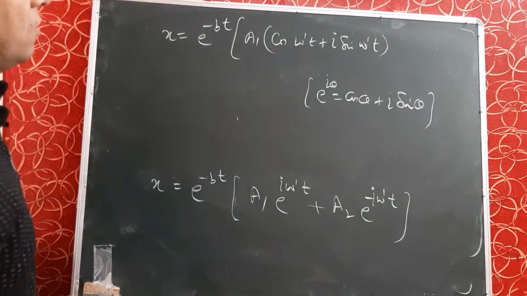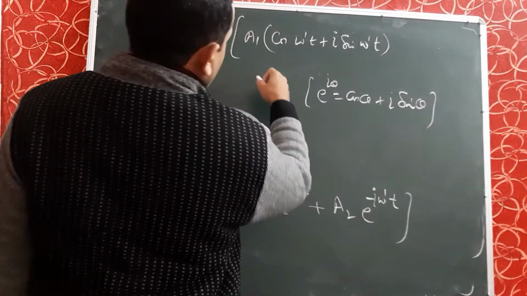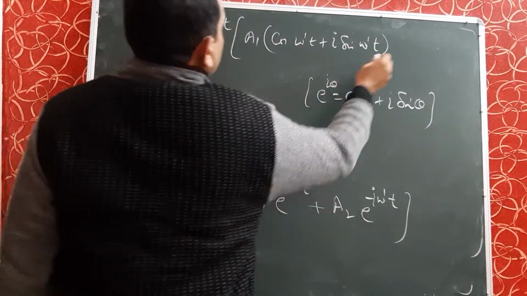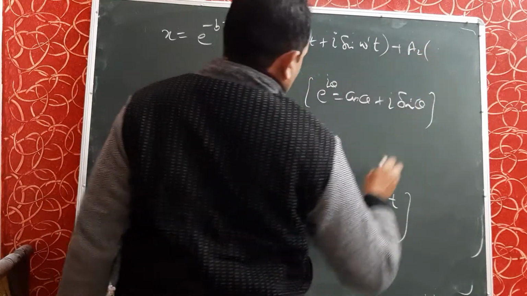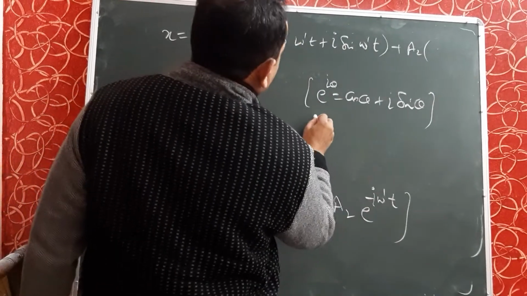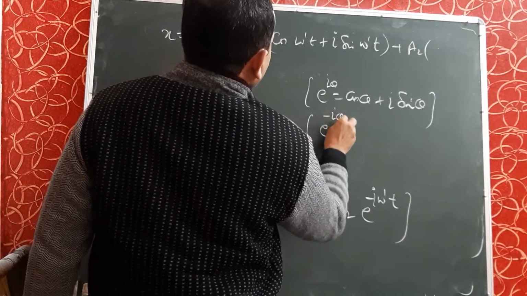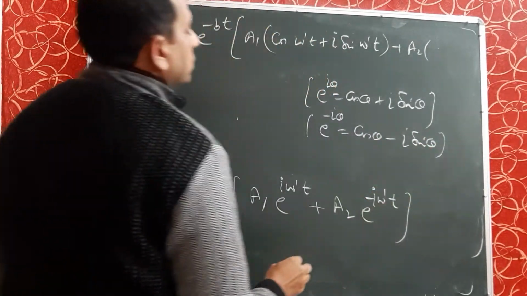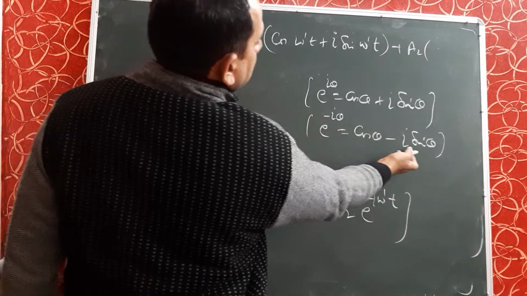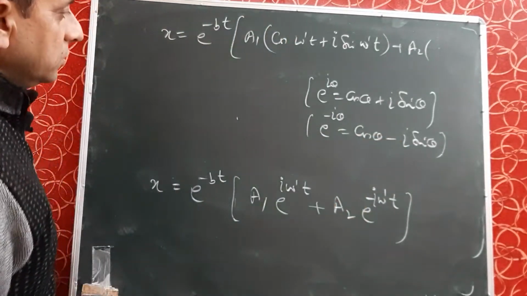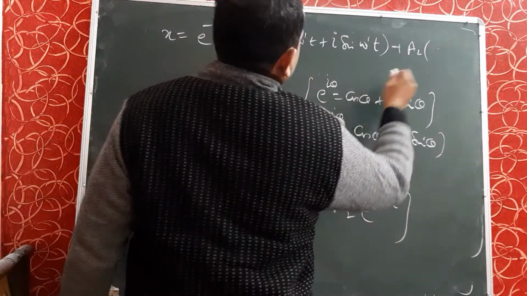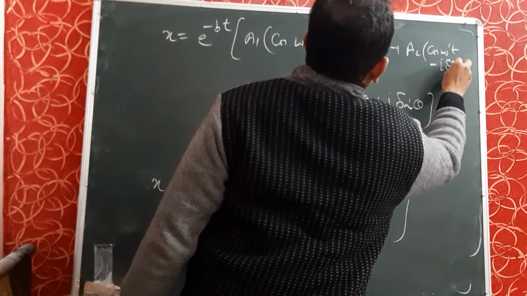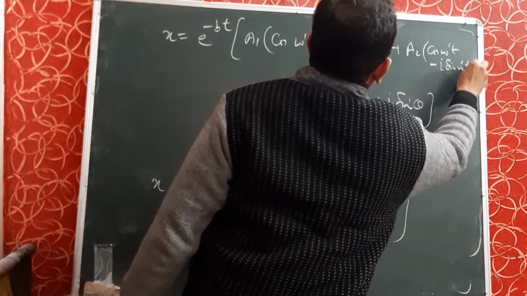So, e power iota omega dash t is cos omega dash t plus iota sin omega dash t. Similarly, plus a2 into e power minus iota theta. You know that e power minus iota theta is cos theta minus iota sin theta. If there is minus, then the second term will be of negative sign. So, it will become cos omega dash t minus iota sin omega dash t.